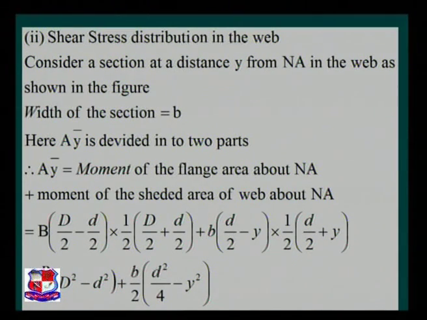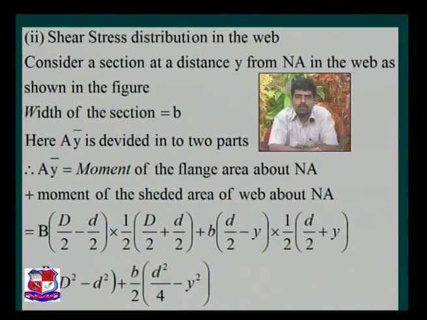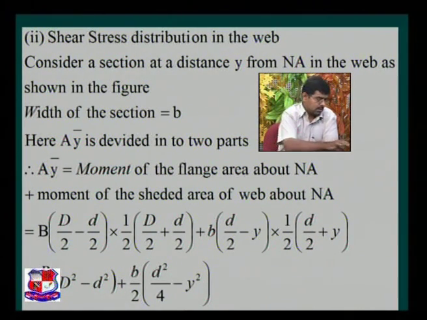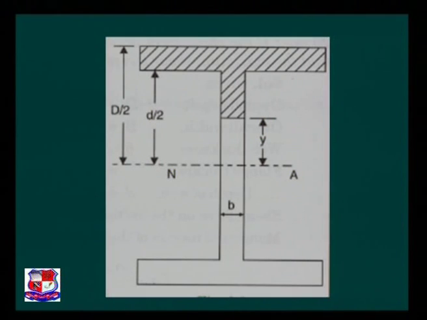Now, shear stress distribution in the web. What will be the shear stress distribution available in the web? Consider a section at a small distance y from the neutral axis in the web as shown in the figure. Referring to the figure, we take a section or layer at distance y from the neutral axis.